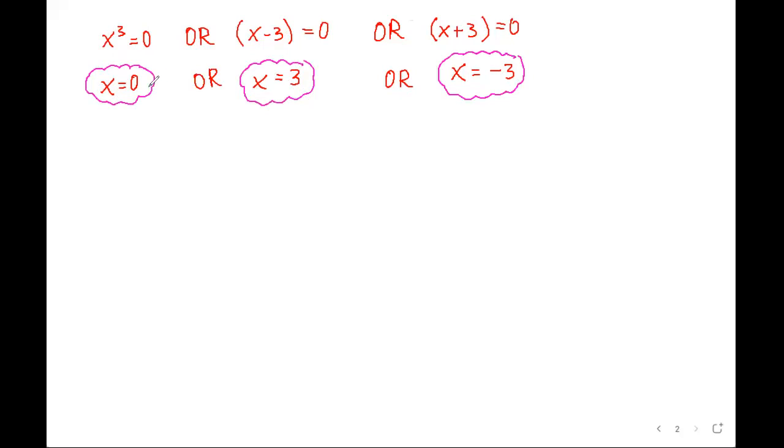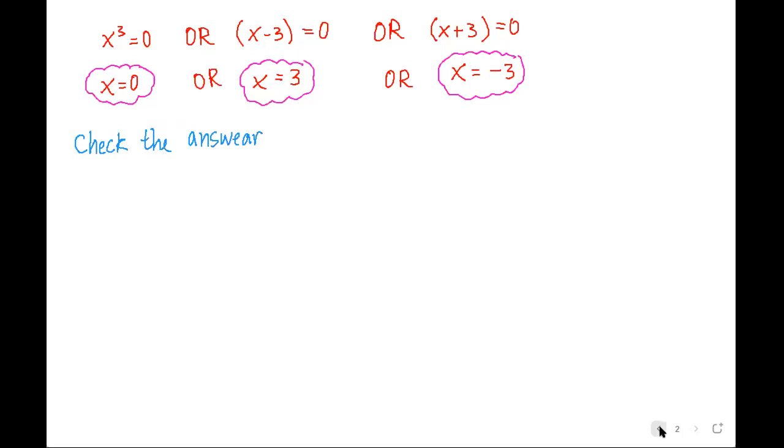Just plug these numbers inside the polynomial equation. So now let me check the answer by plugging x equals 0 inside the polynomial equation. Same thing for x equals 3, and same thing for x equals minus 3.